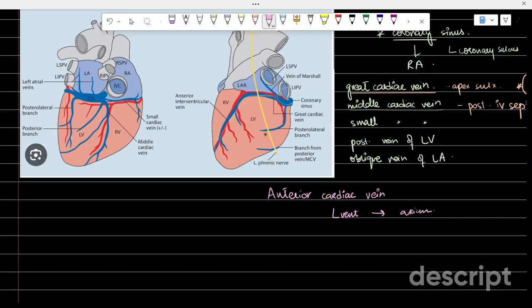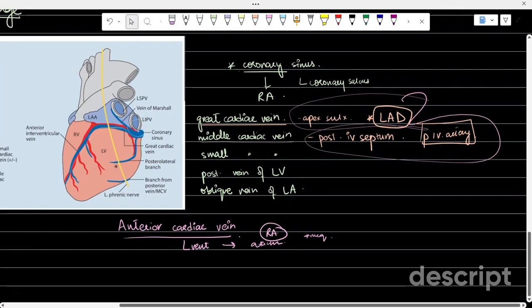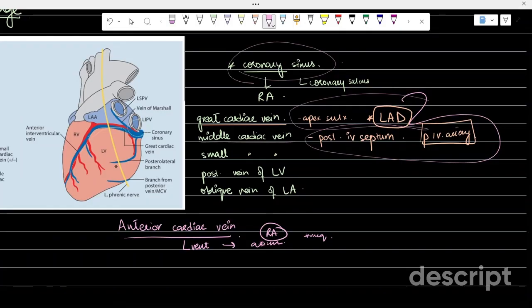So it will be drained directly into the right atrium via the anterior cardiac vein. Again, this is an important MCQ. All of these were important MCQs as well, and the coronary sinus is the main venous drainage of the heart. It actually drains two-thirds of the blood of the heart.